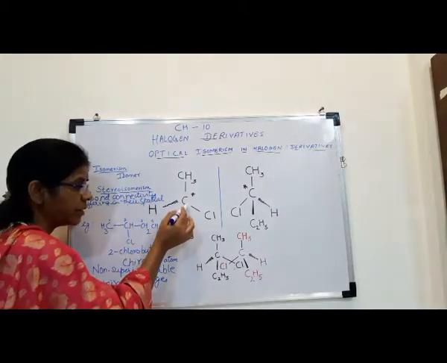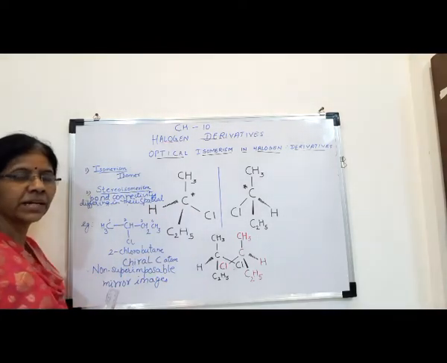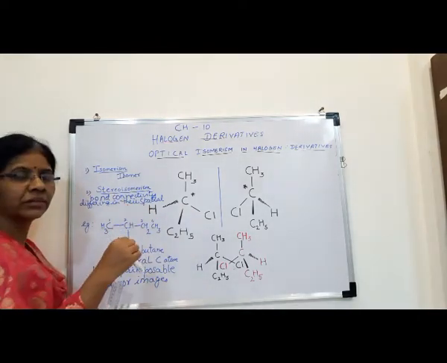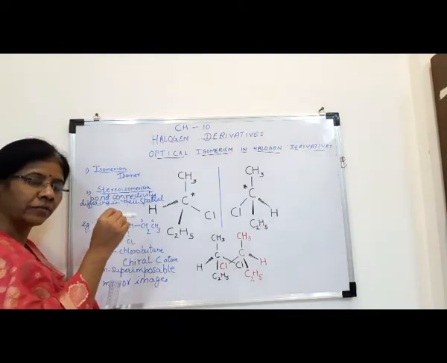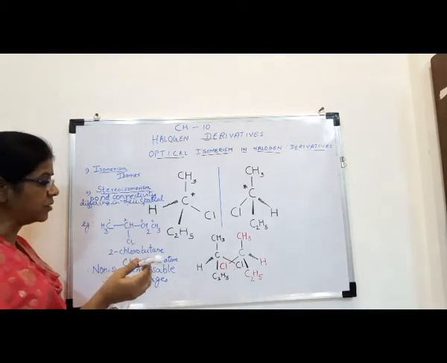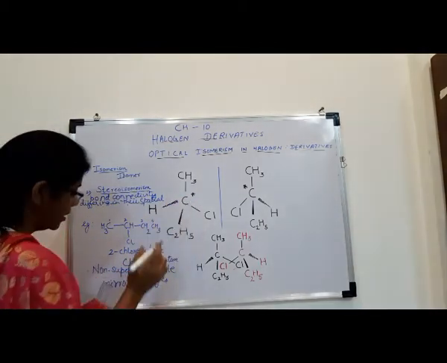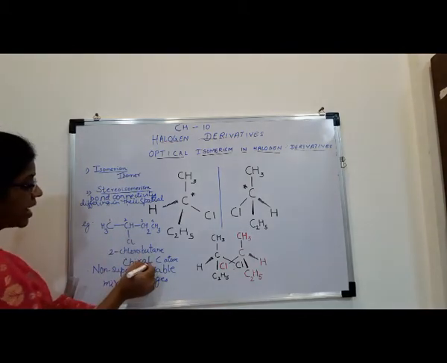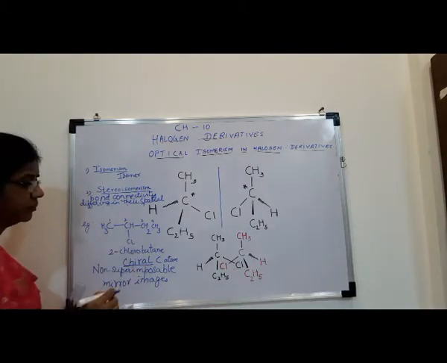This carbon atom, attached to 4 different atoms or groups of atoms, is called a chiral carbon atom.